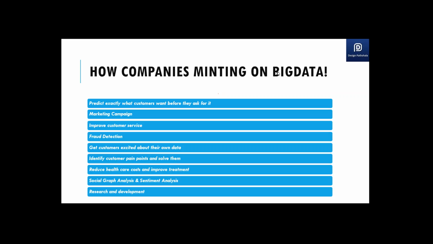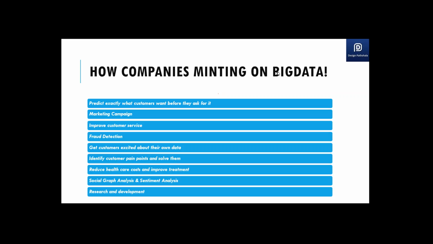Marketing campaigns are not like how they used to be previously. Now companies are trying to really target potential customers, and they are using the data to figure out who could be their potential customers.